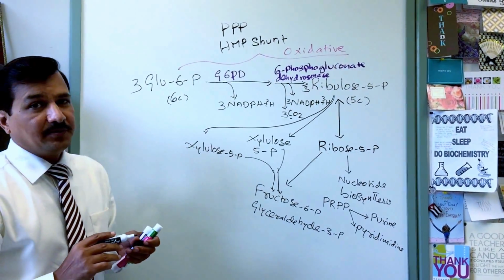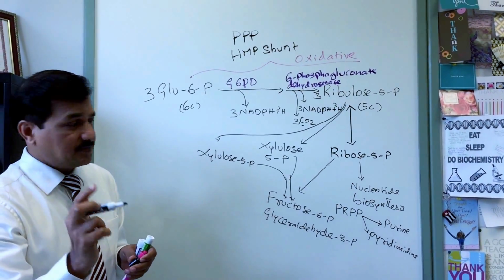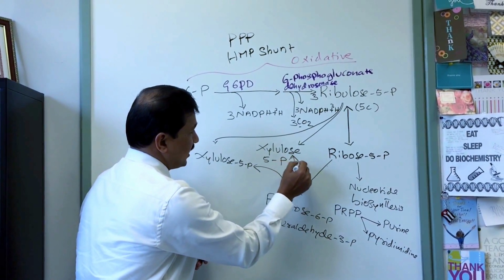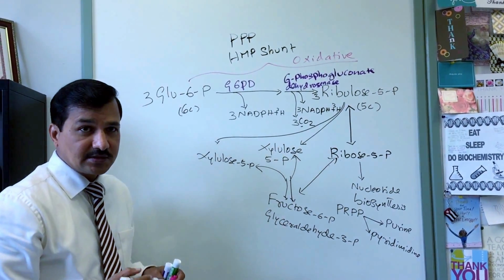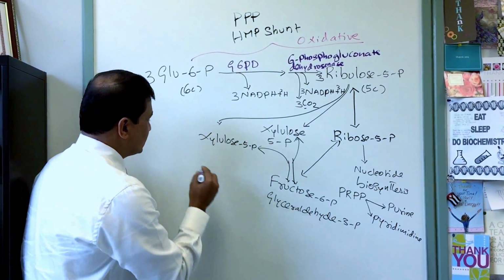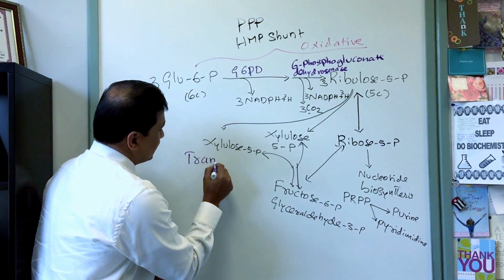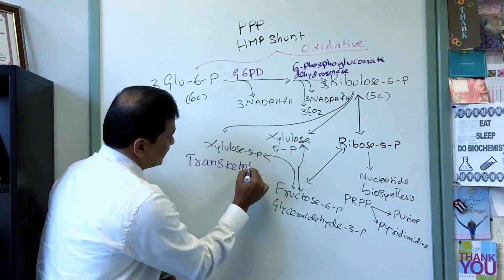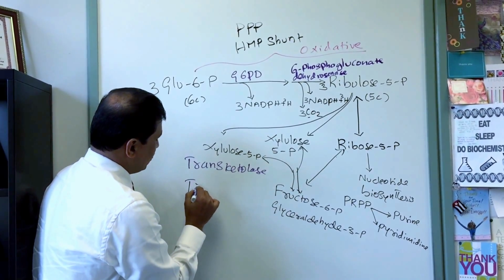But what you need to remember here is that there are 2 enzymes participating in these reversible reactions, and the names of those enzymes are transketolase and transaldolase.